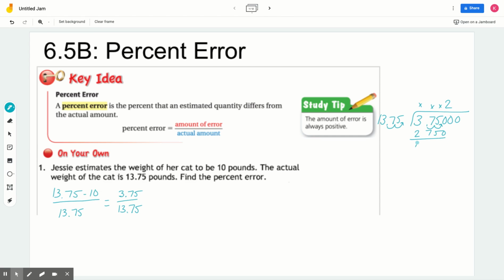When we subtract, we end up with 1,000. We then bring our 0 down. So we are now looking at how many times can 1,375 go into 10,000? It can go into 10,000 7 times.